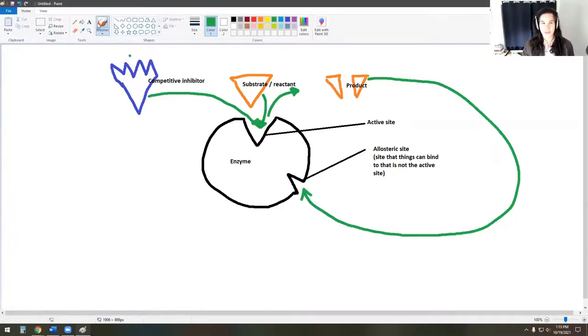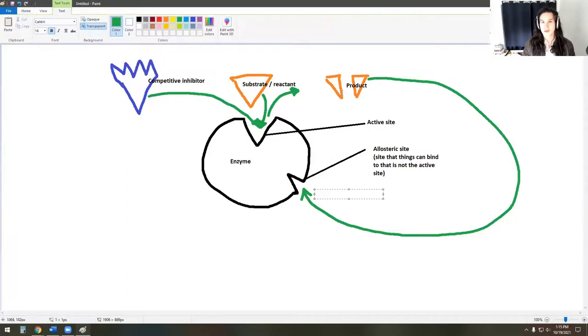And what happens is, in this case, this product will behave as a non-competitive inhibitor. So we'll write that.